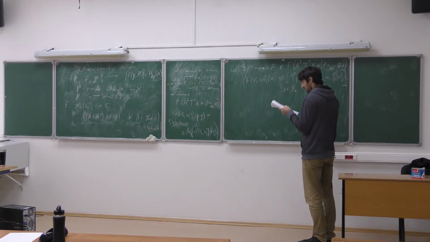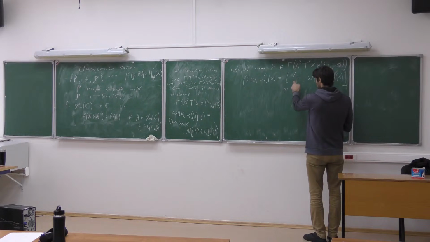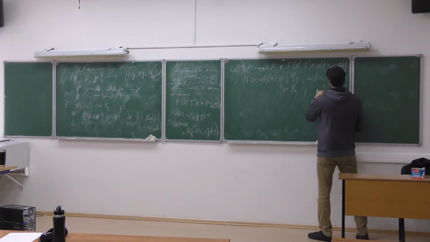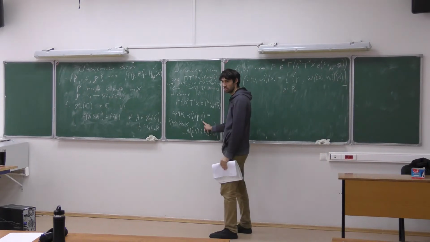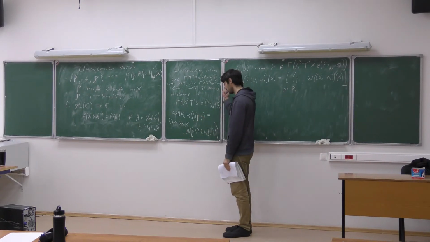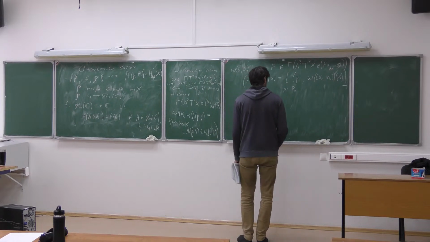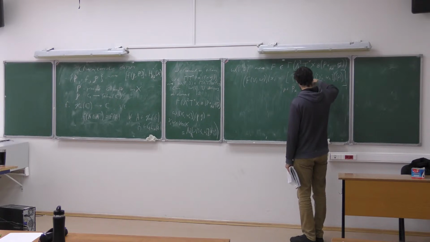Well, just because if I take any other P from the fiber, then it will be shifted by some G, right? It will differ from the old one by G. And this will just mean that it is the same.